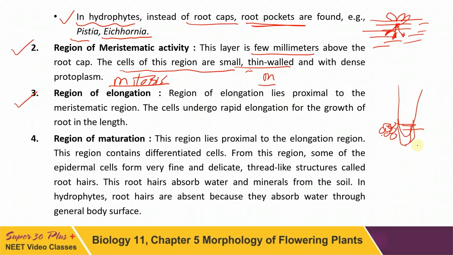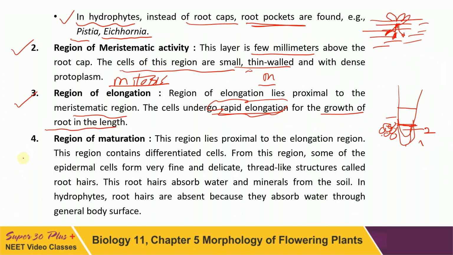Come to the third one, region of elongation. Proximal to this root apex, this was the first region, that was the second one. Proximal to this meristematic region, the cells make the zone of elongation. Here the cells have rapid elongation, and because of this rapid elongation, the length of the root increases.